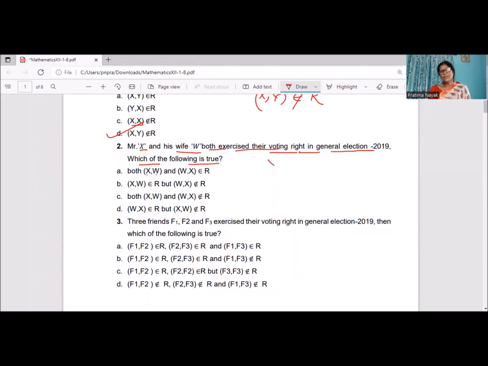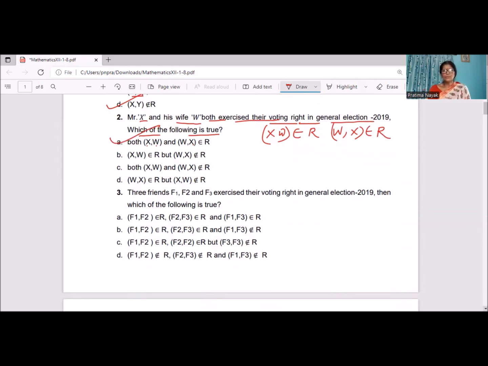Whenever (husband, wife) belongs to R, (wife, husband) also belongs to R. So which one is correct? A is the correct option for this.